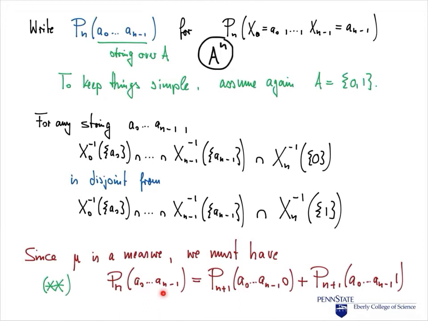That just follows from the additivity of the measure function. So call this here double star, the property double star. But this property double star looks very familiar.